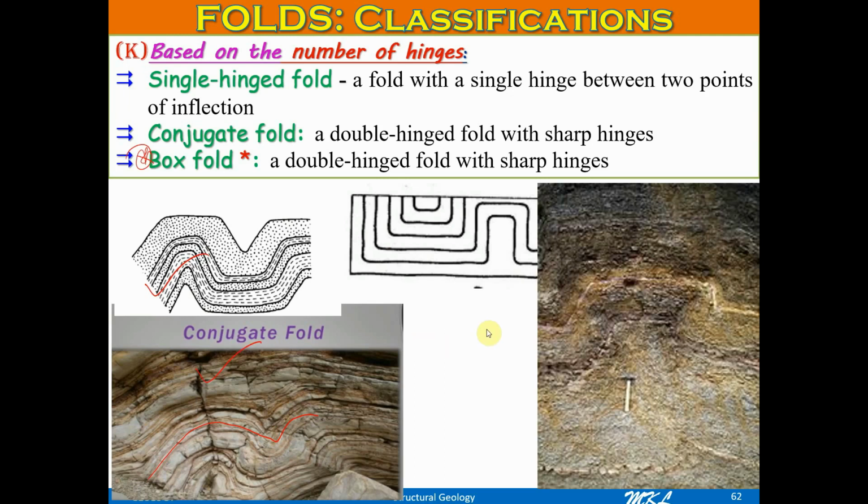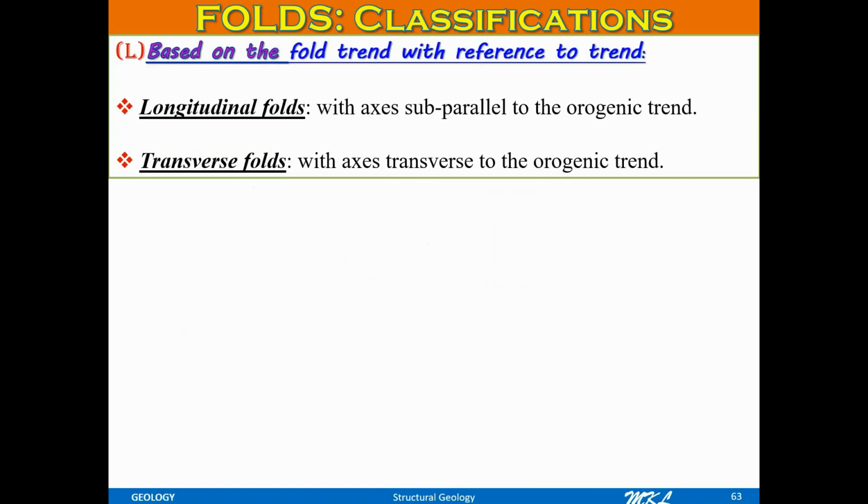So this is an example of a box fold. See, if I could plot, so your hinges are this, and these are the hinges. These hinges are very sharp. So it's a double hinge, 1, 2, and these hinges are very sharp. So it's called the box fold like this. So this is an example of a box fold. This is the conjugate fold.